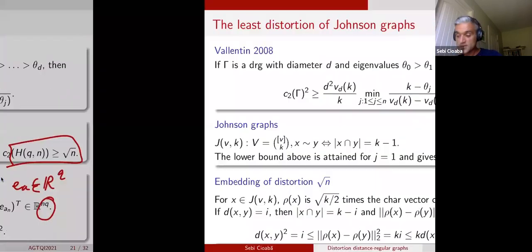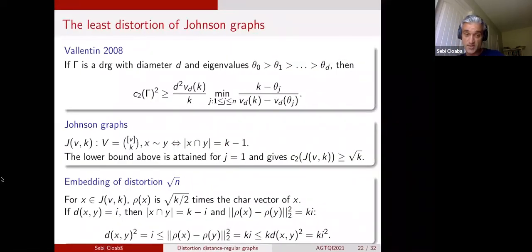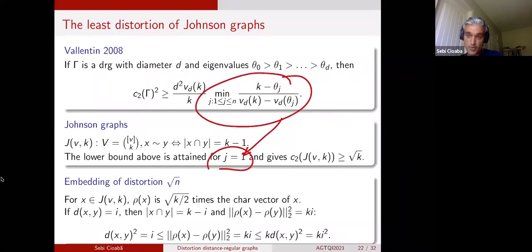Okay. The same thing for the Johnson graph. In the Johnson graph, the vertices are the k-subsets of a set with v elements, and they're adjacent if and only if their intersection has size k minus 1. And again, this requires a proof. The eigenvalues of these graphs come from these Eberlein polynomials, and you get this lower bound of square root of k.